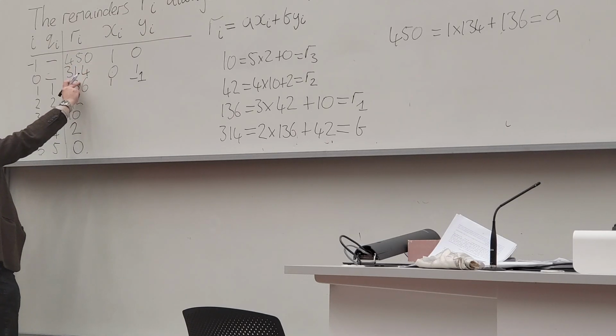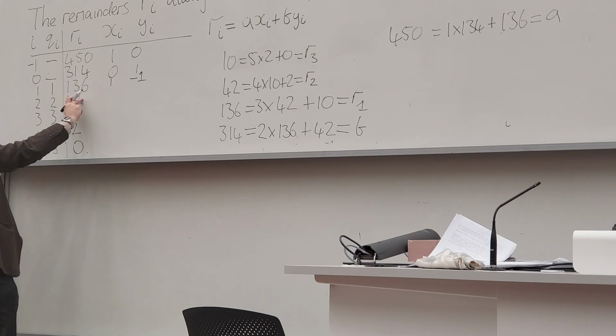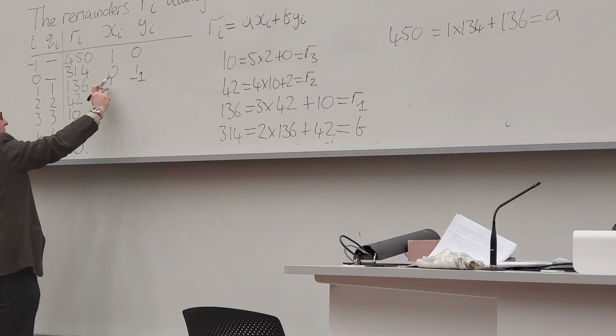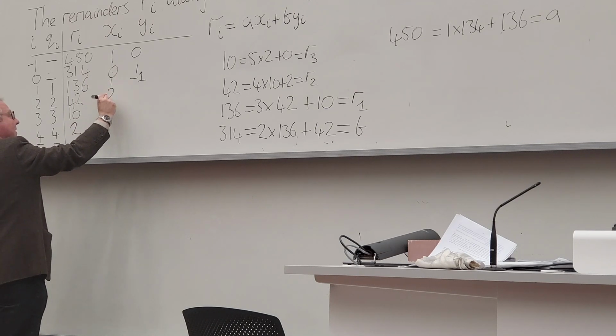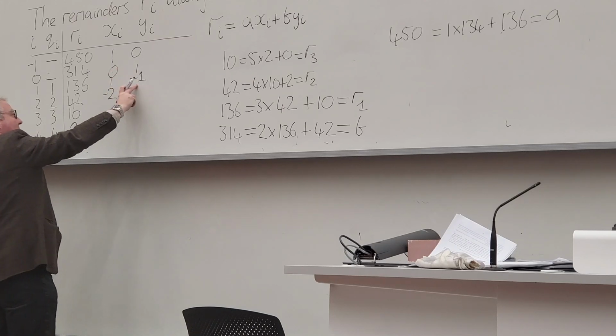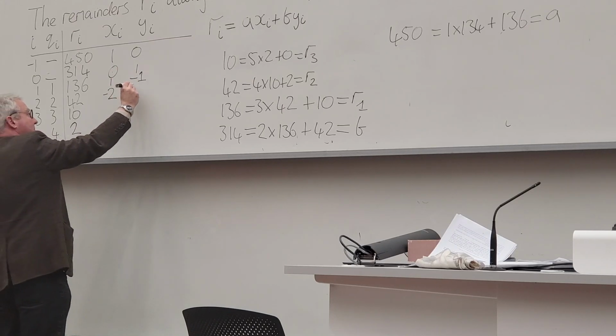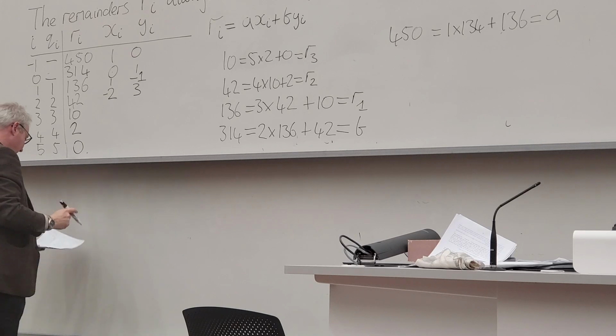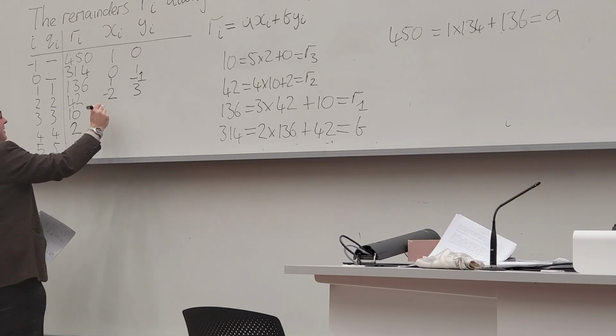So that's R1. So now we can get B: 2 times 136 plus 42. So that's 272 plus 42, 314. First three digits of pi.